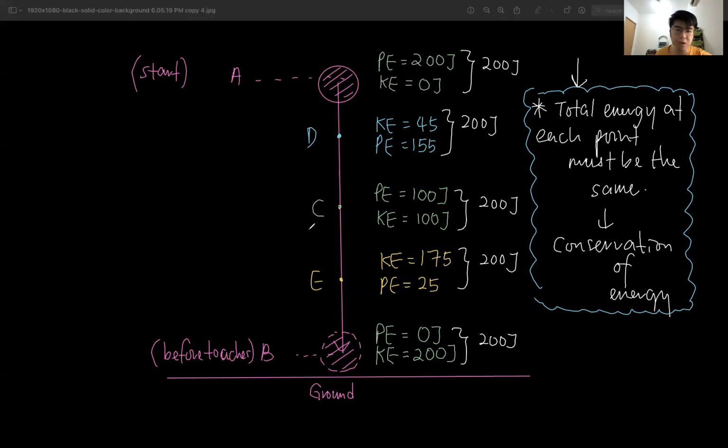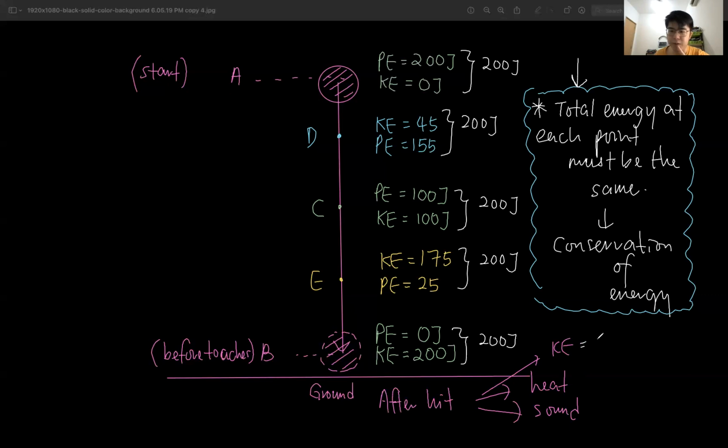Okay, so if you consider the ball after hitting the ground, what do you get? You get heat energy, you get sound energy. Still, you have some kinetic energy left. Maybe the total is 200, right?